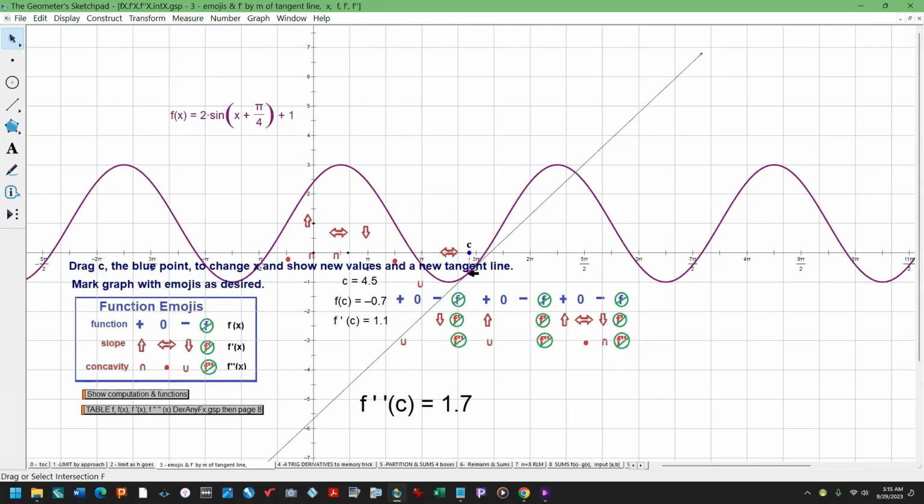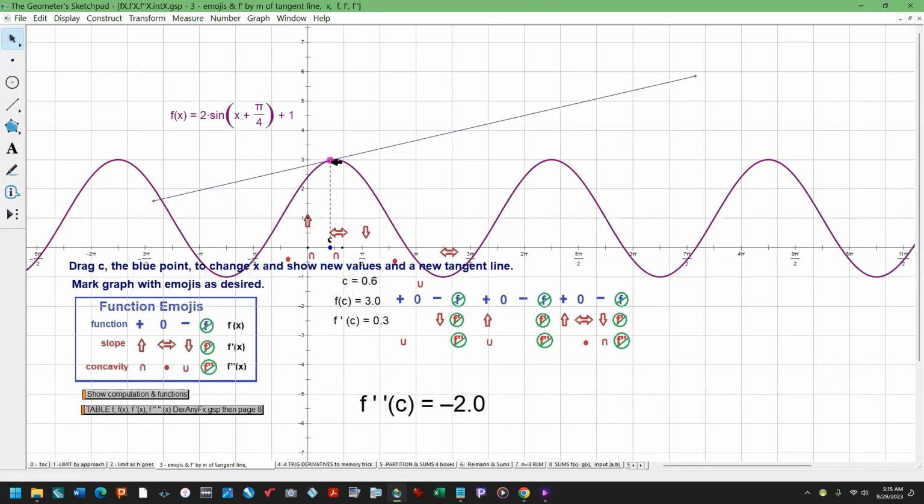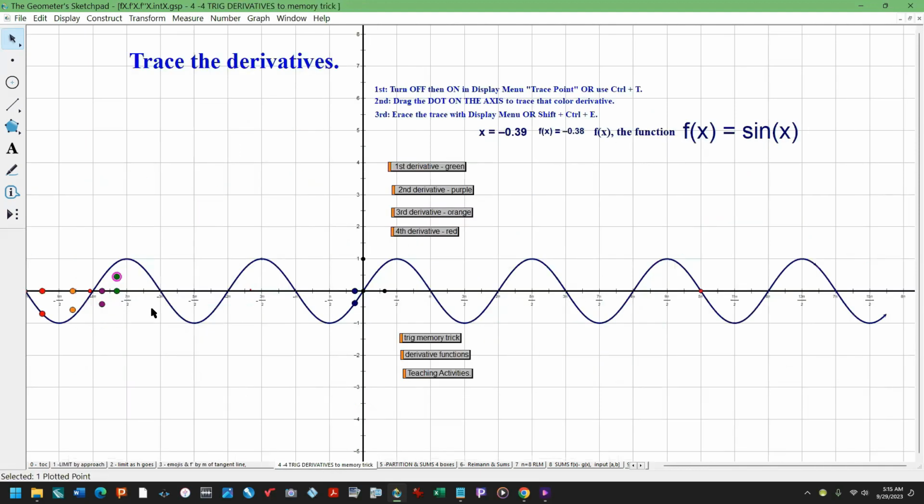I'm reminding you that this is the tangent curve, and as I drag it, it spits out the value of the tangent. So I now have the trace, and what trace does is it traces the path of the derivative.